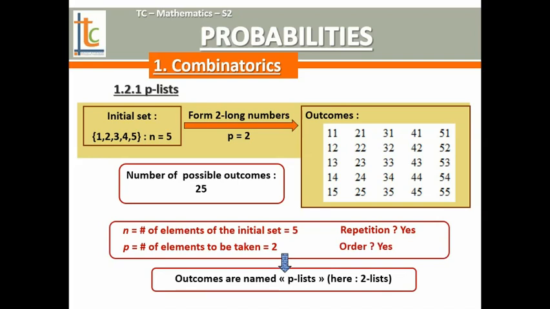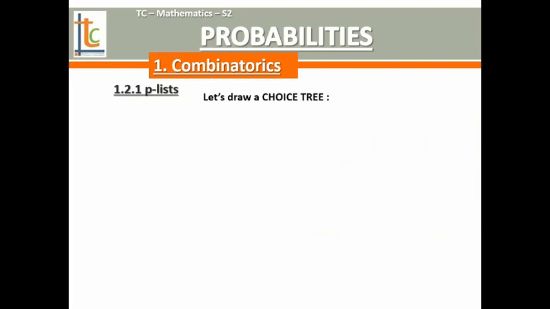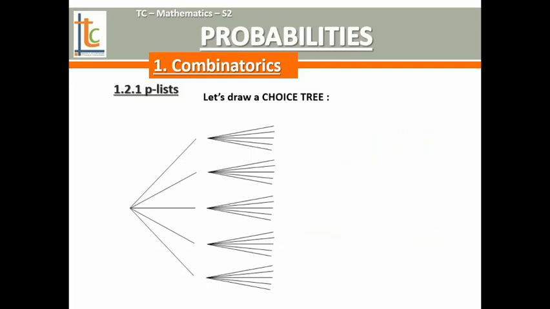Now, how could we calculate the number of p-lists in every possible situation, with whatever value of n and of p? Let's draw a choice tree. In order to choose the first number, we've got 5 possibilities: 1, 2, 3, 4, or 5. And then for the second figure, we've got again 5 possibilities. So we can understand that, sorted like that, we've got 25 possibilities in the end, 25 terminations on the tree.